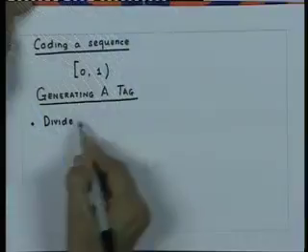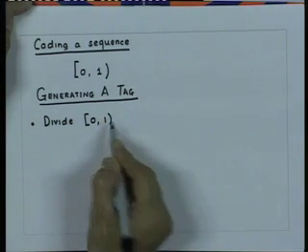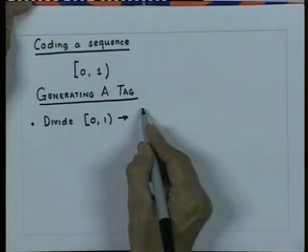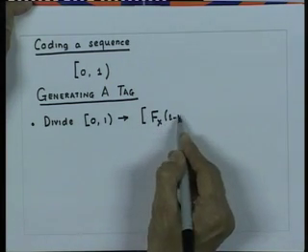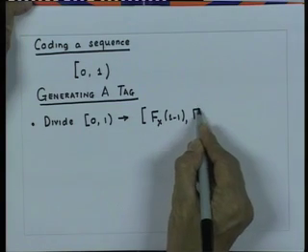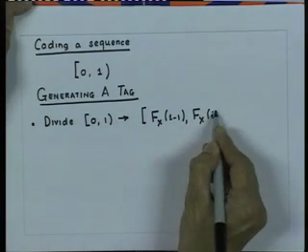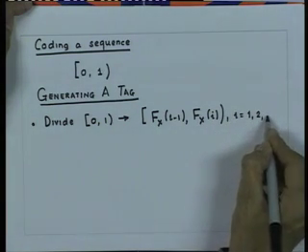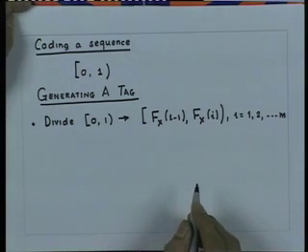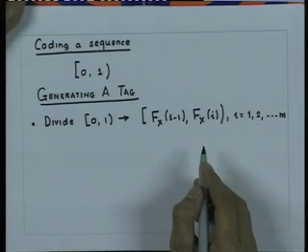So, the first thing is we start out by dividing the unit interval into sub-intervals of the form [F_X(i-1), F_X(i)) for i equal to 1 to m, where m is the size of my source alphabet.